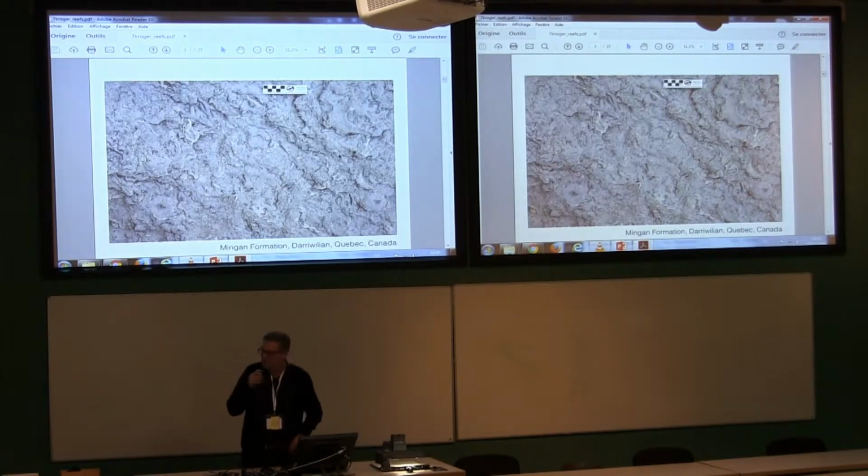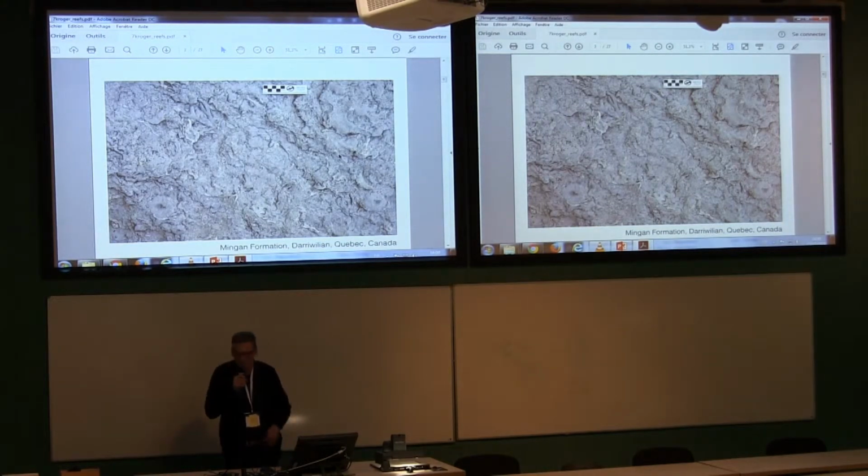And this is now also a top view on a reef, which is approximately 30 million years younger. Middle Ordovician, also Laurentia, a little bit farther north in Quebec.